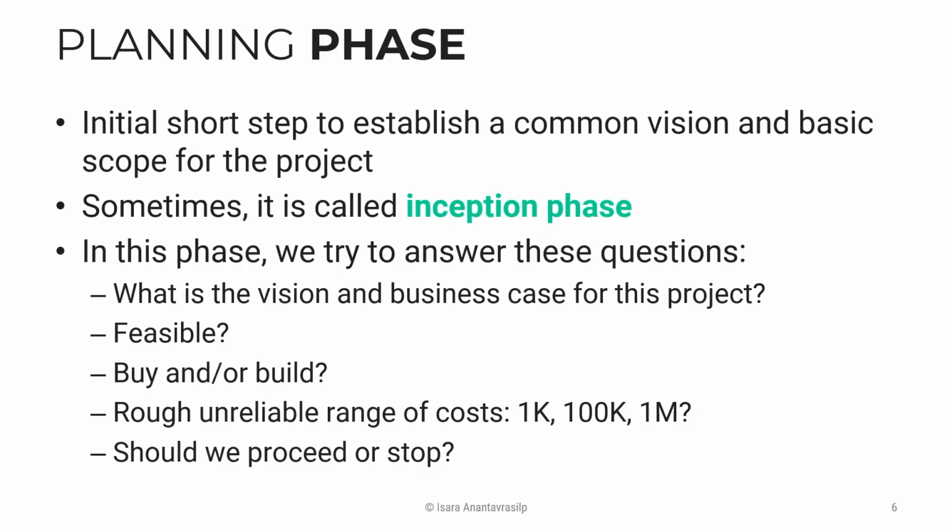To elaborate the phase that we discussed earlier, in the planning phase, you are trying to establish whether this project makes sense to develop or not, makes sense to go on or not. It is a very short step to establish common vision and basic scope for the project.